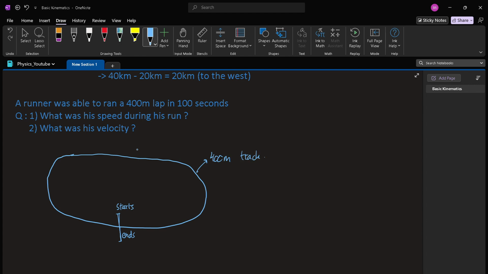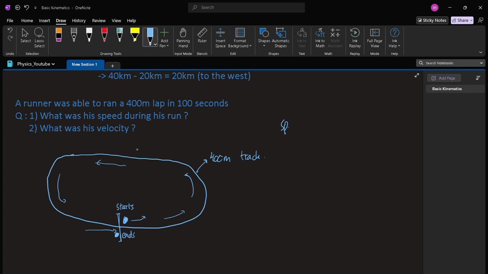Let's say the runner starts from the starting line and goes all the way around, and is able to finish here.